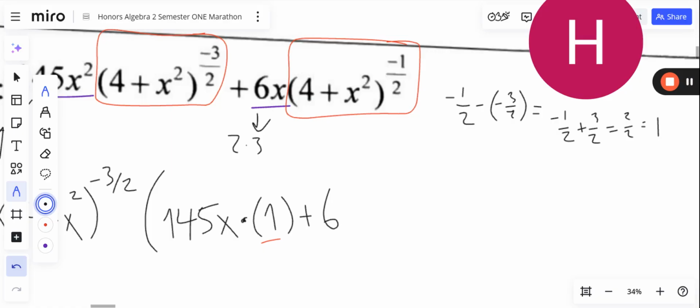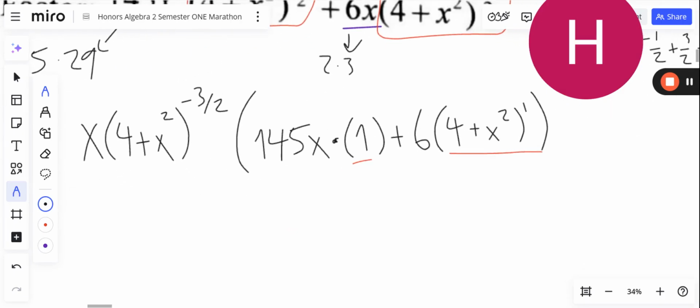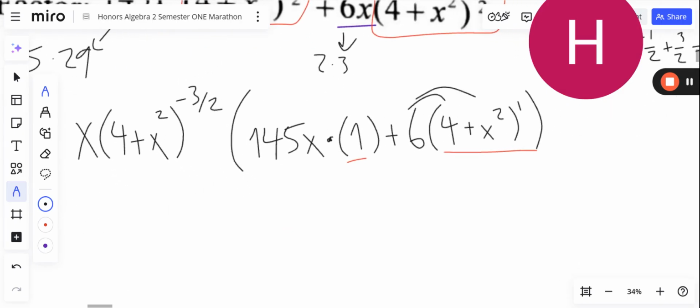And so this will be left with 4 plus x squared to the 1 power, sort of. And so all there really is left to do is to simplify some of these things. We can multiply this and rearrange the terms inside to get 6x squared plus 145x plus 24.